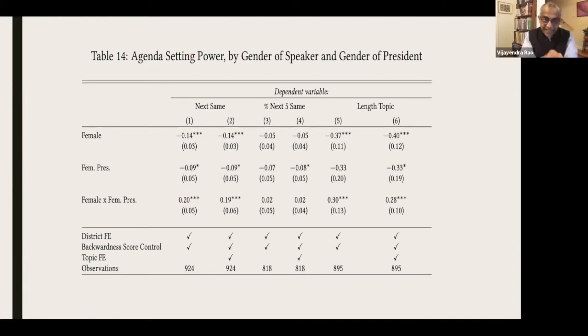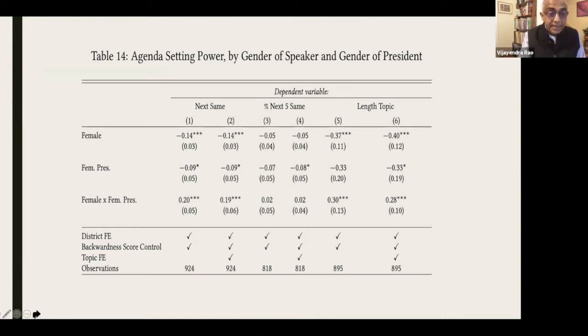That's the interaction between female and female president. And you see that female gender discrimination effect completely disappears. In fact, they tend to speak about 6% more. So if you have a woman president, women are more comfortable speaking and, most importantly, more likely to have agenda setting power.